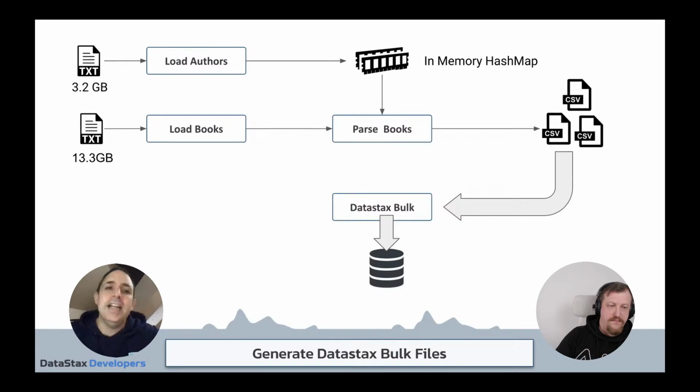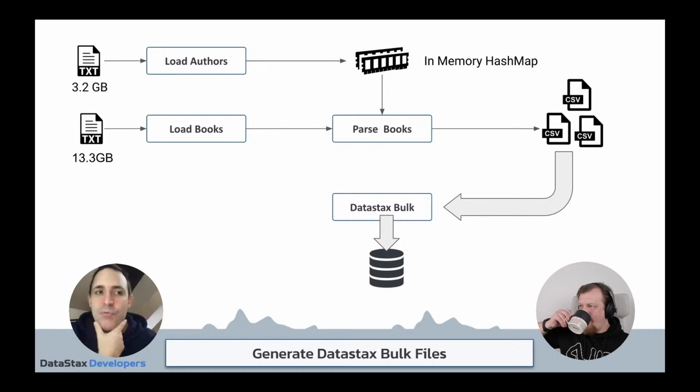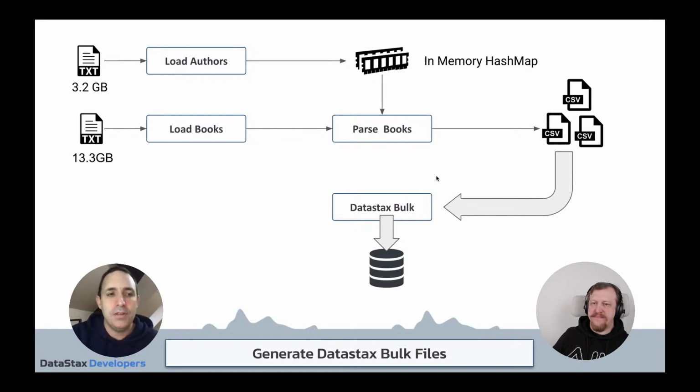But I still have two files. I still have the author file and the books file. Can we improve that? And you can see on screen, if you look at the author file, I realized that this file is about 3 gigabytes, including all the space. I can show you what it looks like.